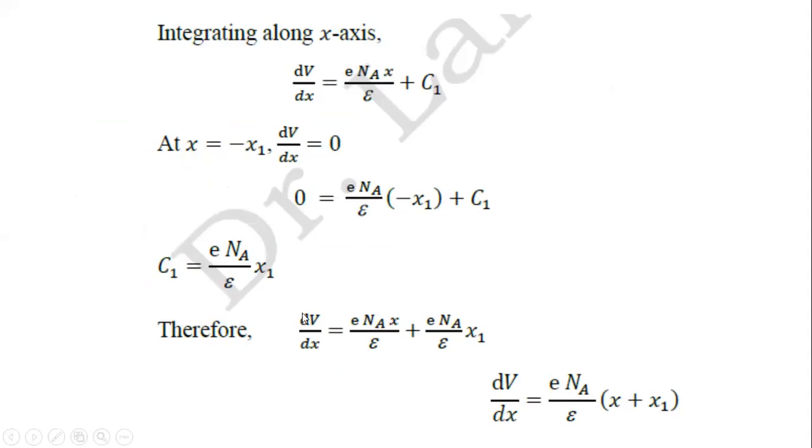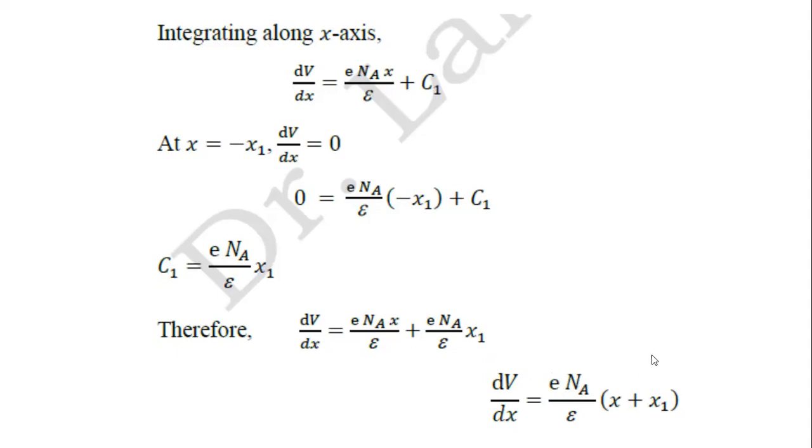Then by putting the C1 value in this expression, you will get dV/dx equal to this. Then you can simplify it a little bit, take the common factor and write it like this, and then integrate with respect to x again.